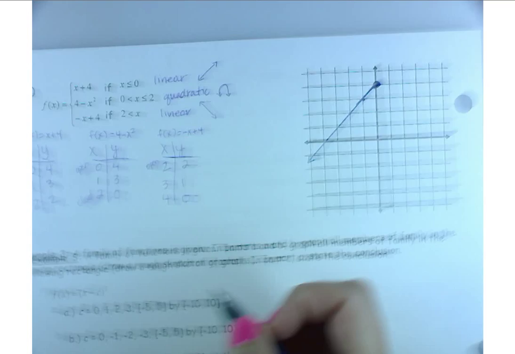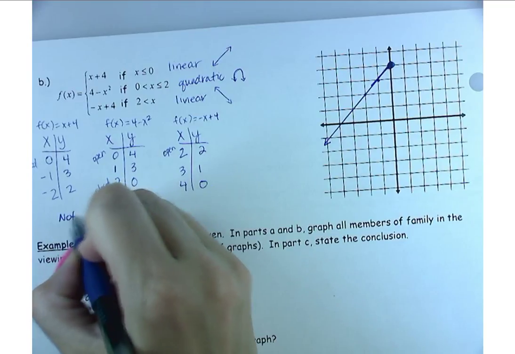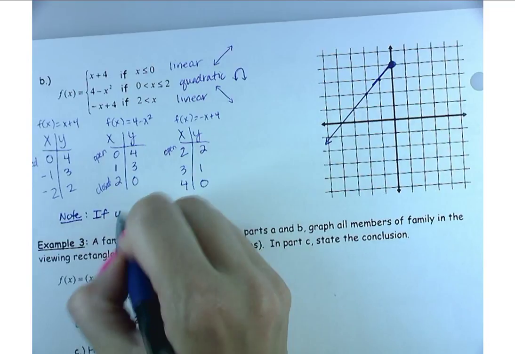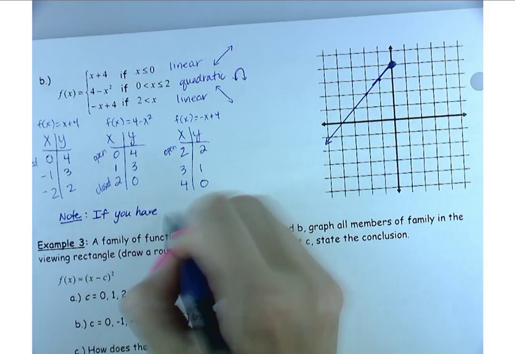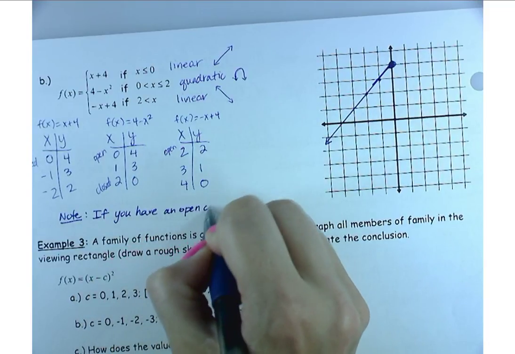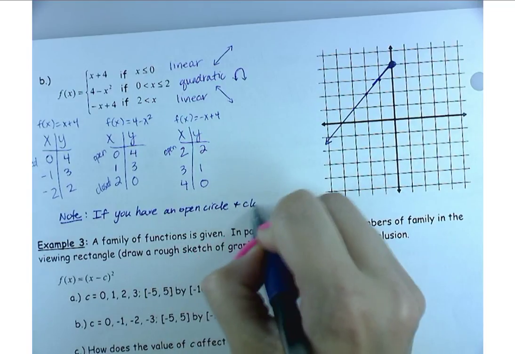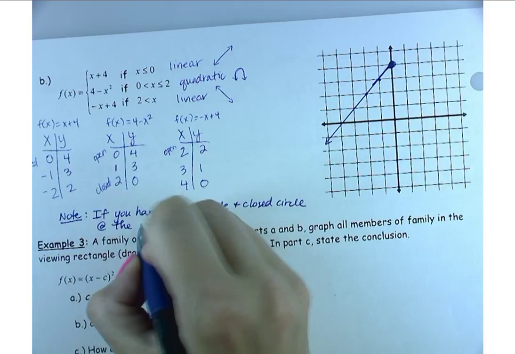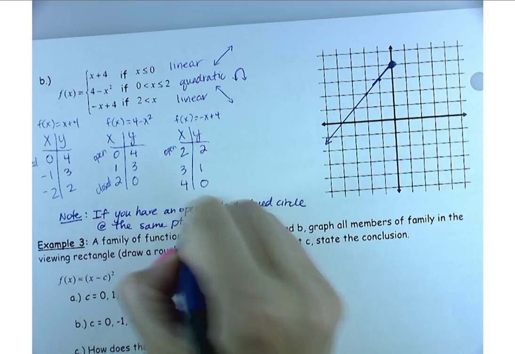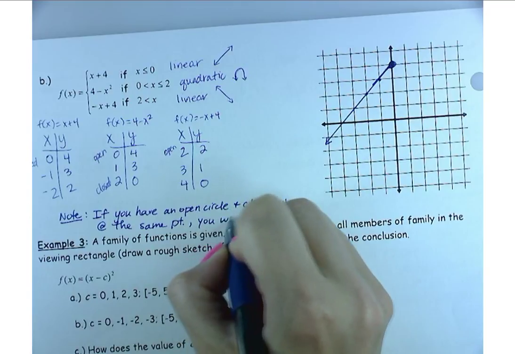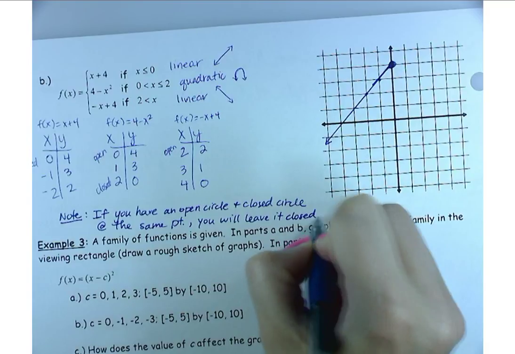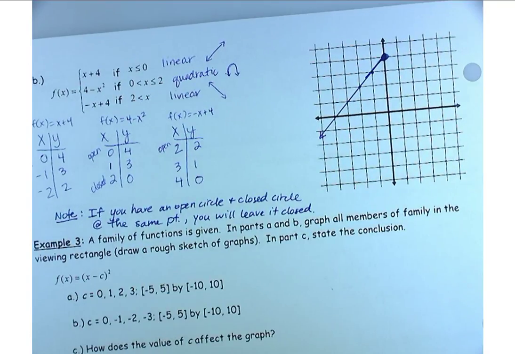So we'll write a little note: if you have an open circle and a closed circle at the same point, you will leave it closed.